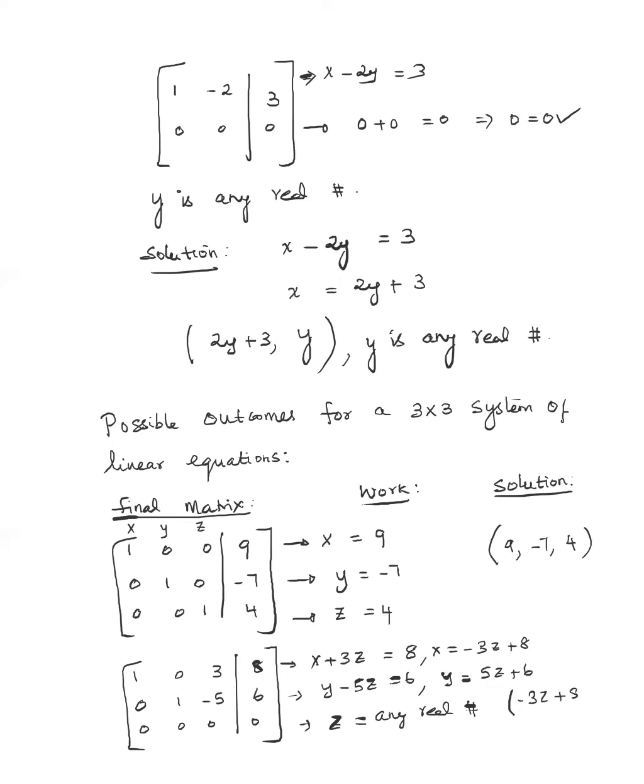This is x, and y is 5z plus 6, and z is just z. And the last one we have is 1, 0, -1, 5, 0, 1, 2, 3, 0, 0.